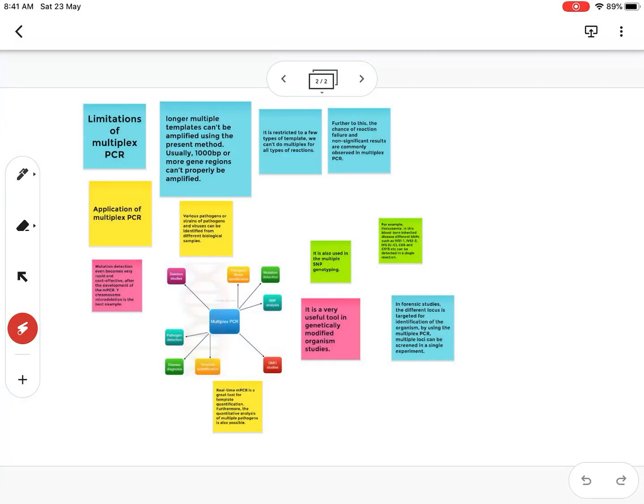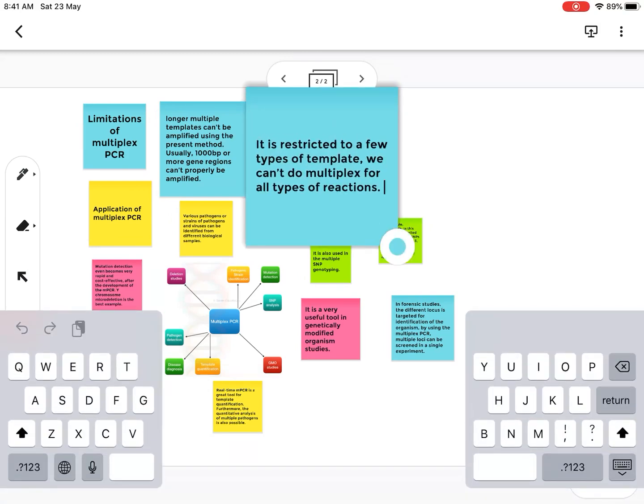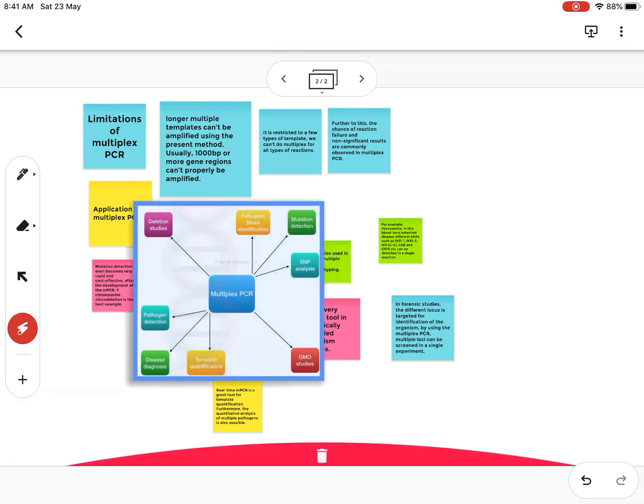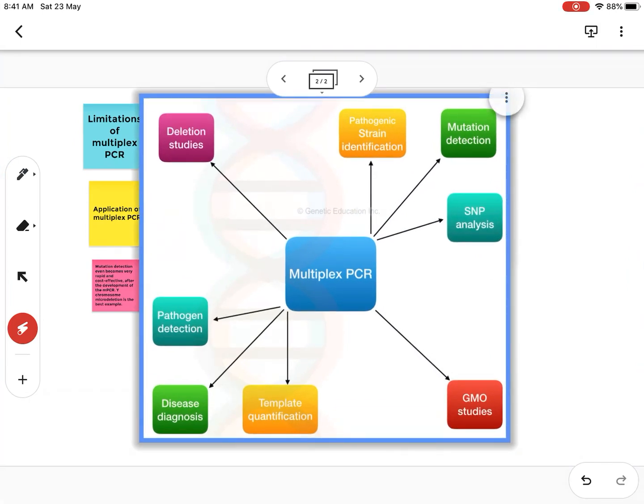Whereas among the disadvantages, the larger DNA size cannot be amplified by using multiplex PCR. So it is restricted to very few types of template. We cannot do it for all the types of template DNA.